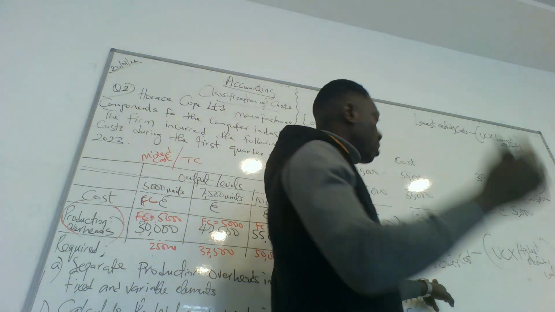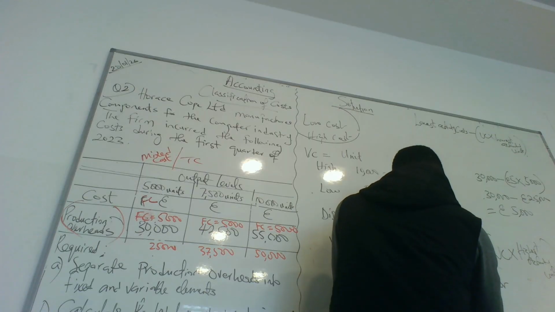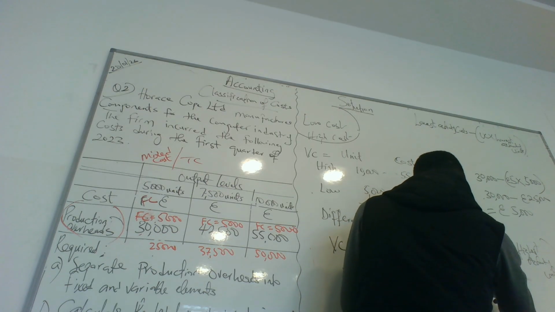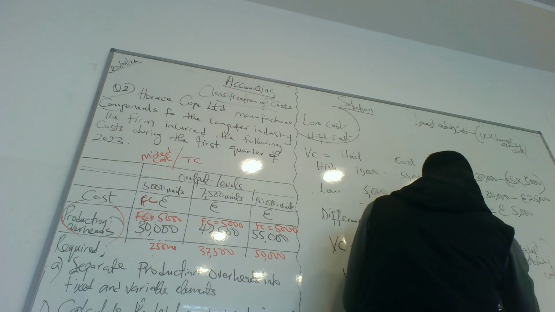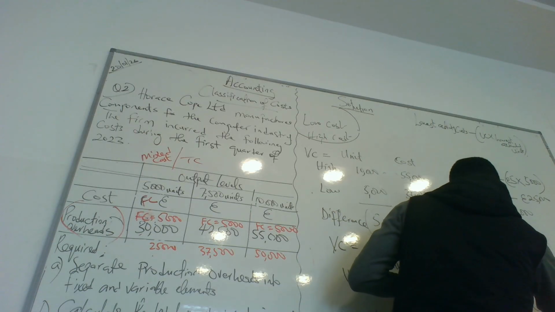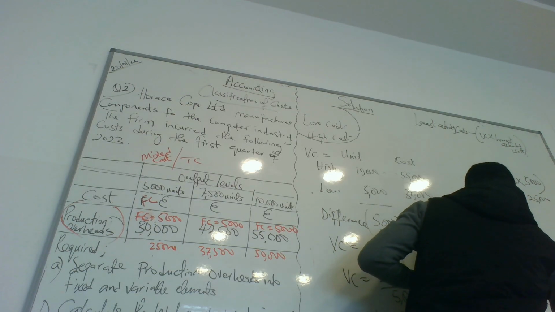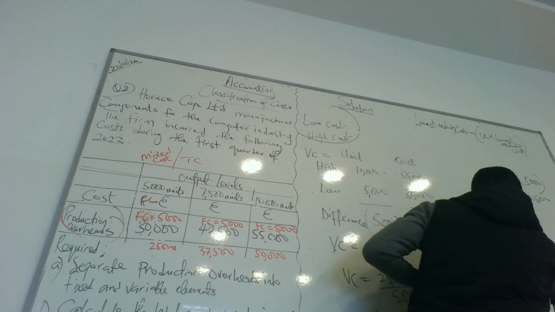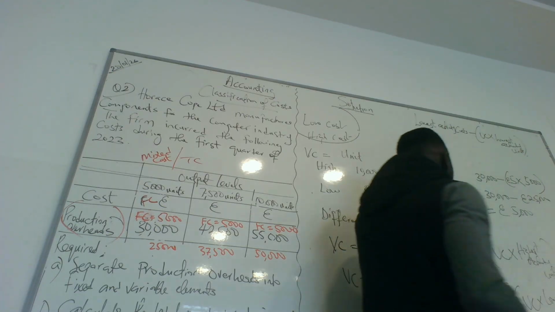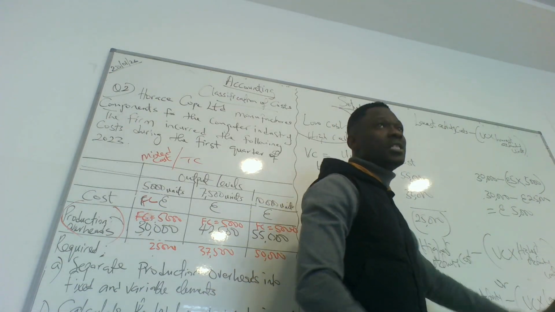Or lowest activity cost minus VC multiplied by lowest activity unit. If at the end of it all, both of them do not give you the same thing, it means it's wrong.